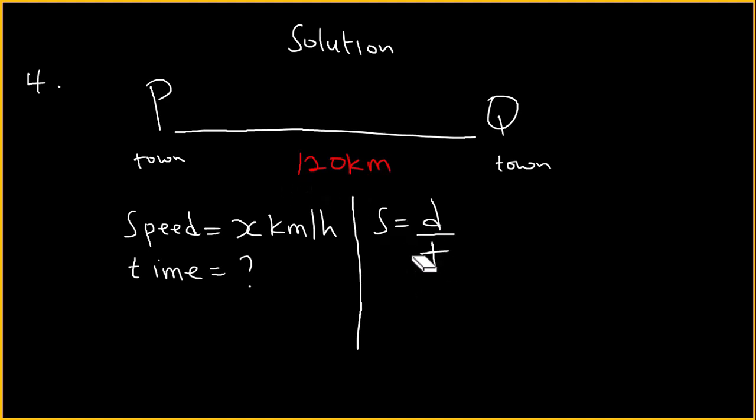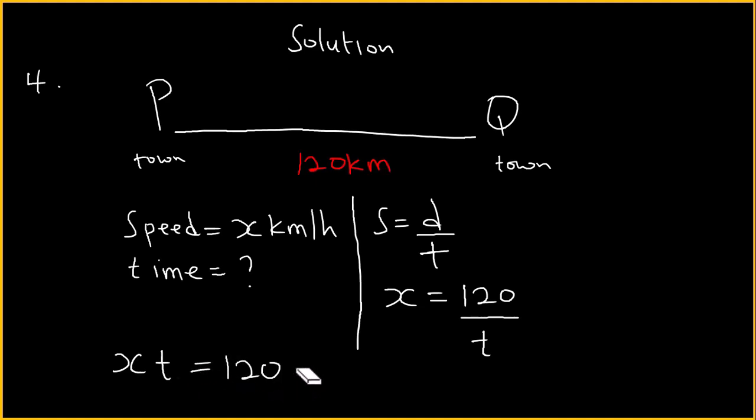So our speed was given as x, the distance was given as 120 kilometers, and our time was not given, so I'm denoting it with the time T. So by making the equation linear, we multiply the left hand side of our equation by T, so that would be x multiplying T. Speed multiplying time is given at the distance of 120 kilometers.